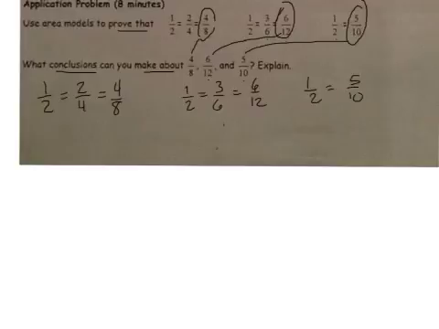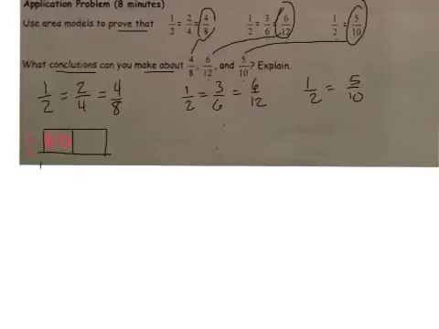So first I'm going to draw some area models. So I'm going to rewrite these numbers. 1/2 equals 2/4 equals 4/8, and then 1/2 equals 3/6 equals 6/12, and 1/2 equals 5/10. And I'm going to draw my 1/2 first and shade that in. And that equals 1/2.